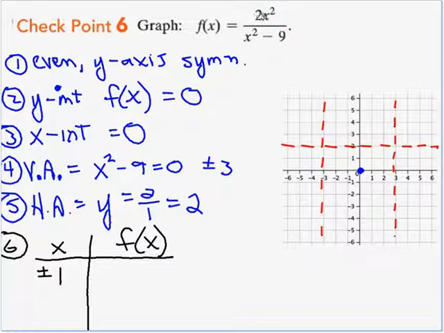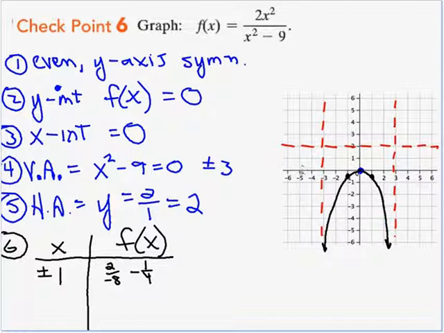I'll get 2 times 1 squared is 2 in the numerator. And then 1 squared is 1 minus 9, which is negative 8. So I get negative a quarter. So at 1 and negative 1, I'm down here. And that makes sense because of the vertical asymptotes at 3 and negative 3. This part of the graph will be a parabola opening down.